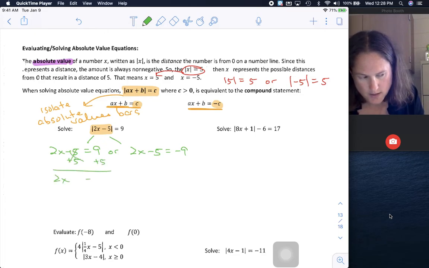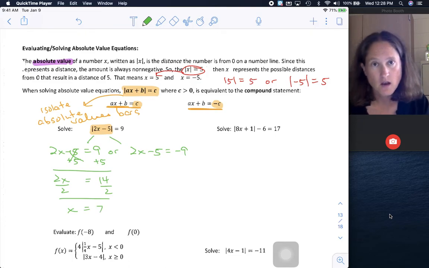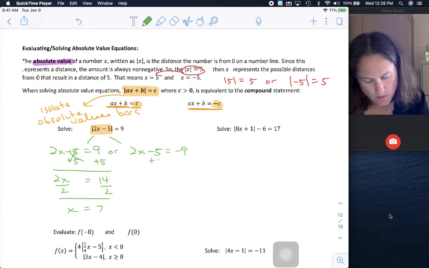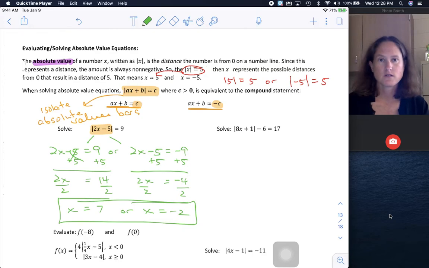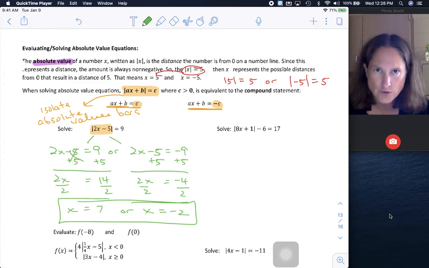So you get 2x is equal to 14. Divide both sides by 2. So we get x is equal to 7. Or do the same thing over here to the second equation. This is why I said you get 2 for the price of 1. Divide both sides by 2, and you end up with x is equal to negative 2. These are your 2 solutions. x can either be 7 or negative 2. Either of those values will make the original equation true.